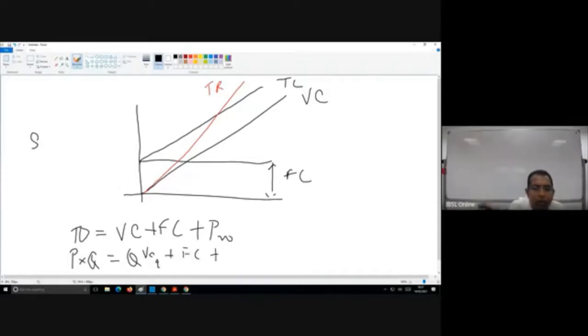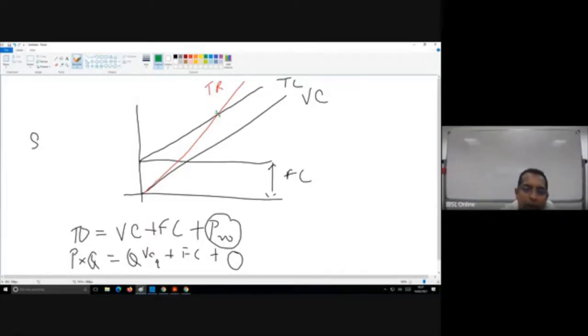On a break-even point, profit will be 0. Break-even point is the point at which no profit, no loss situation occurs. See, at this point, total cost equals total revenue.